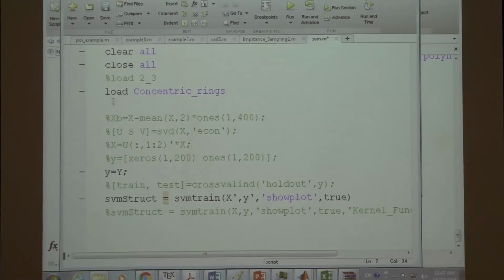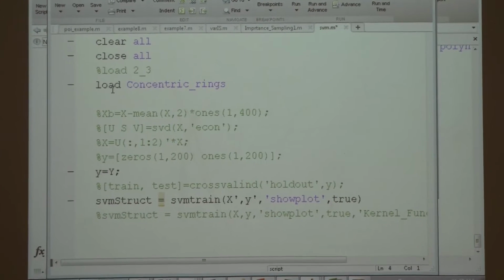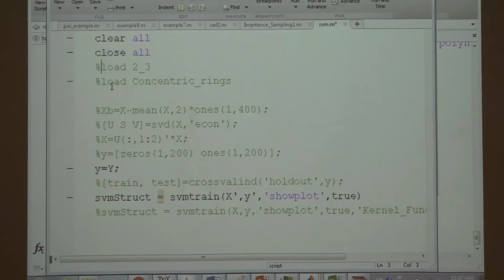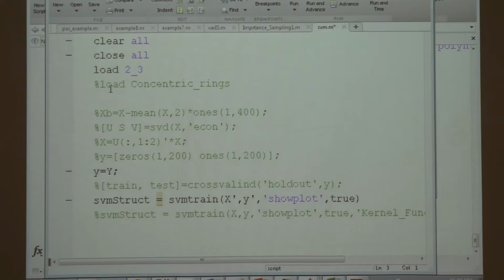Okay, let me do another example. This is digits 2 and 3. If you remember, we had this data set, digit 2 and digit 3, and the dimensionality of the data was 64. I am going to load this data, but I'm going to compute PCA on that and map it in two-dimensional space, and then compute the decision boundary in two-dimensional space.